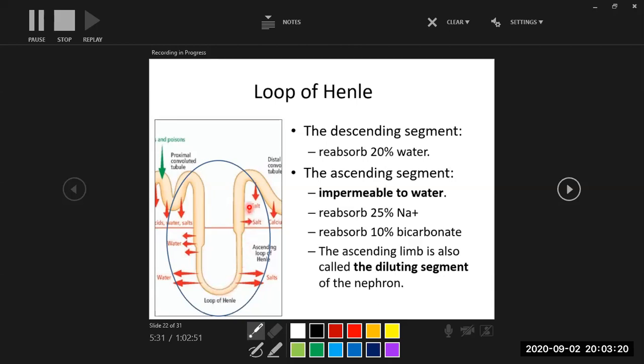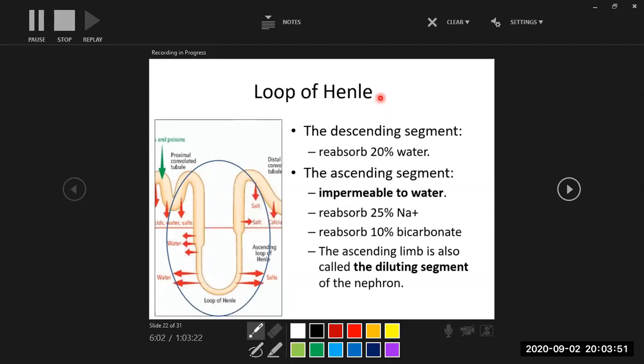And from here on it is water impermeable while we pump salt back to our body. So we will dilute the urine. The descending is water permeable, water reabsorbed. The ascending is water impermeable and is the diluting segment of the nephron. So that's the key concept about the loop of Henle.